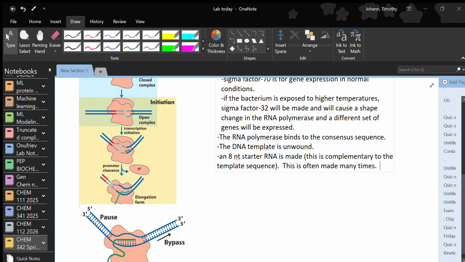So in other words, what goes on is this thing starts and it moves forward and makes an 8-mer and that falls off, and it makes another 8-mer and that falls off, and it makes another 8-mer and that falls off. You get a bunch of them made, and then finally, talking about promoter clearance here, it gets good enough, whatever defines that, and the sigma factor will release.